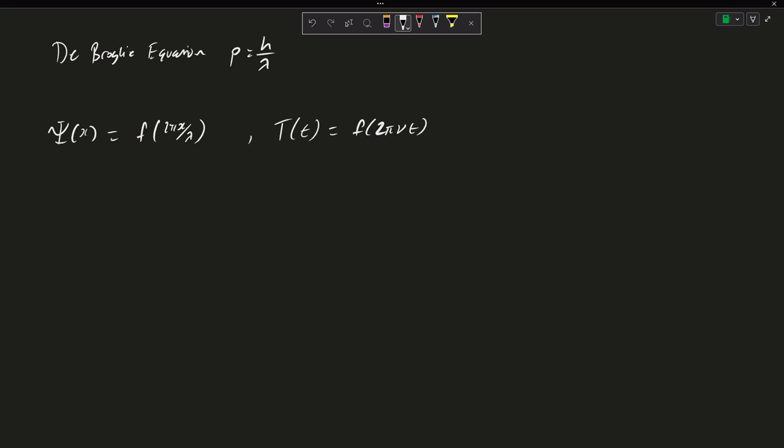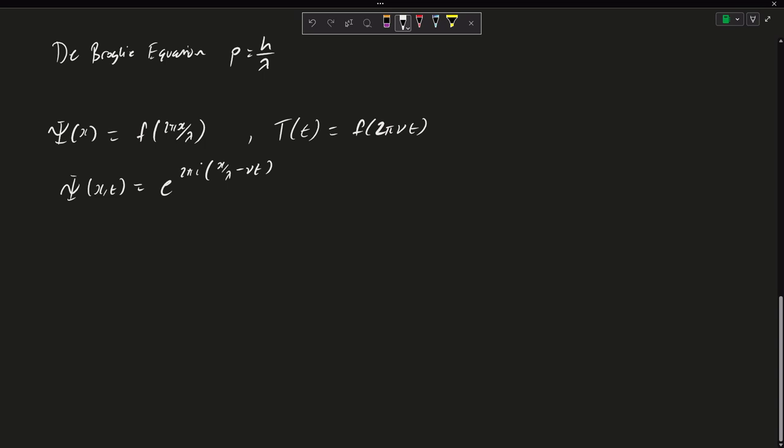So the general evolution of the wave can be given by psi of x and t being equal to e to the 2 pi i (x over lambda minus nu t).